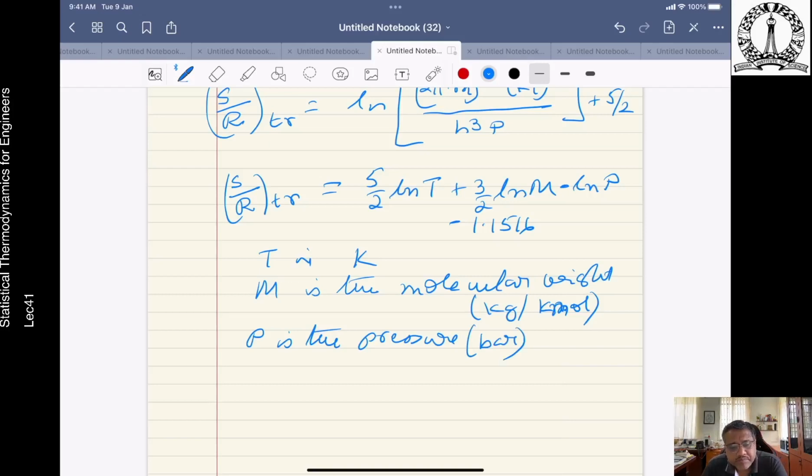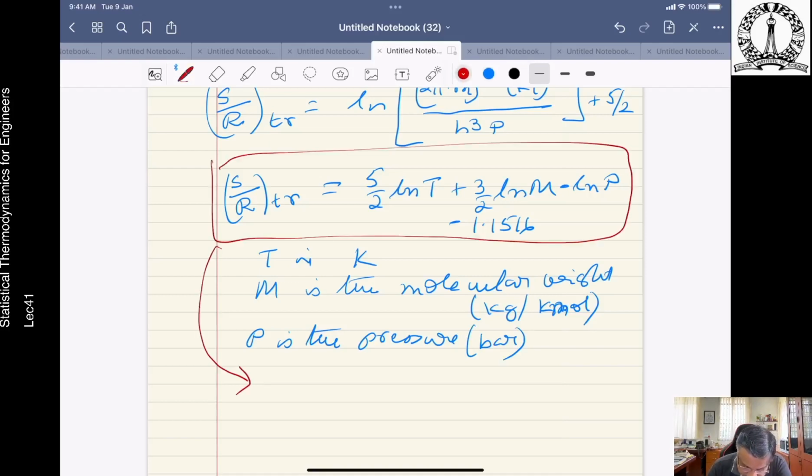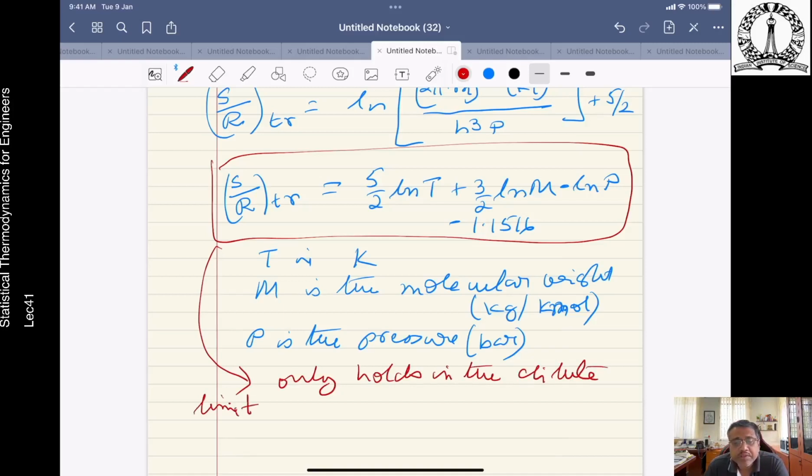This equation only holds in the dilute limit, and is not appropriate when the temperature approaches absolute zero. So this is the form that we see.